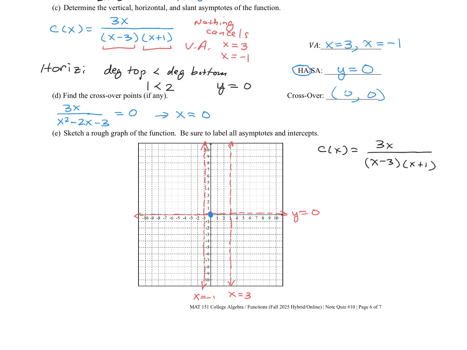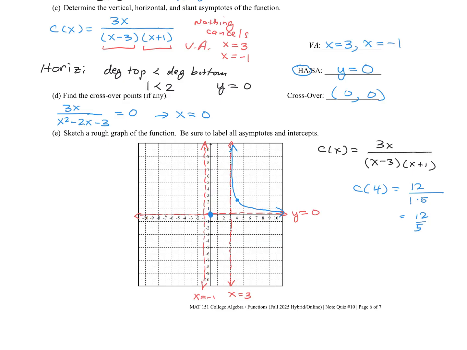You should notice that if you were to plug in a 4 and calculate c of 4, you'd get a 12 upstairs, and down below you get a 1 times a 5, which is just 12/5, which is 2 and 2/5. So again, when x is 4, you're a little above a 2. That puts our graph up here above.